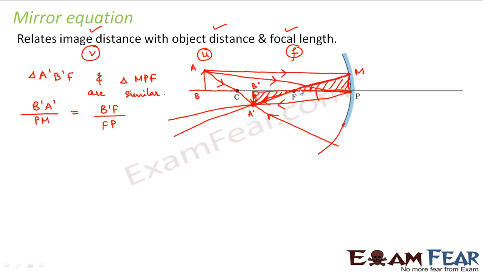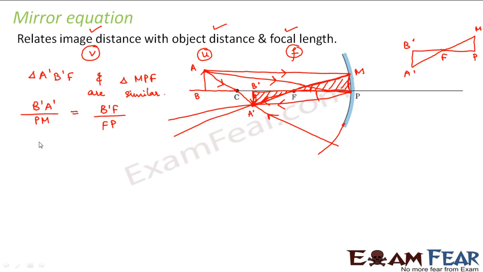That means this divided by this will be equal to this divided by this, because right now we are talking about two triangles like this. This is one triangle, this is another triangle, right? This is B dash A dash F, and this is MP. So B dash A dash by PM is equal to B dash F divided by FP.